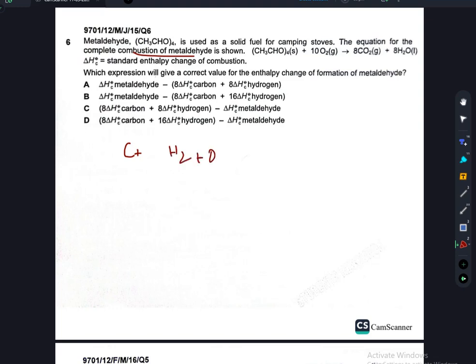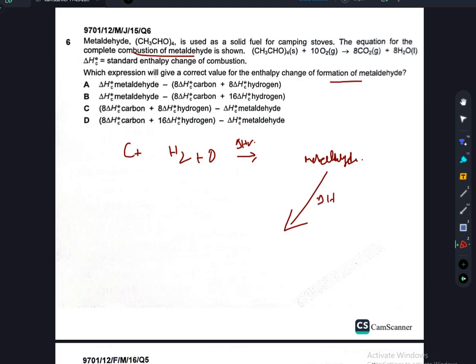So, for using Hess's law, as always, carbon plus hydrogen plus oxygen to give metaldehyde. I'm writing this as metaldehyde. This would be the enthalpy change of reaction, and what we are to find is the enthalpy change of formation of metaldehyde. So we are to find this arrow, this vector.